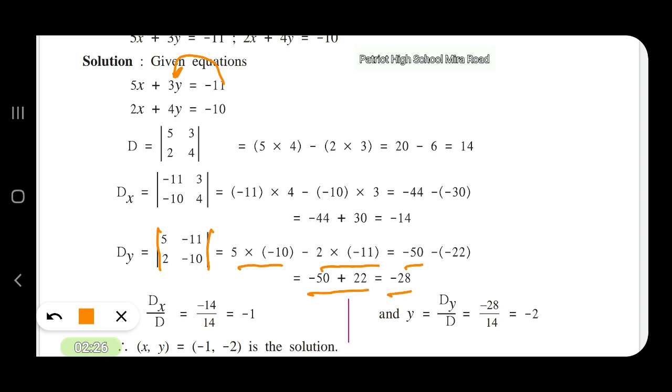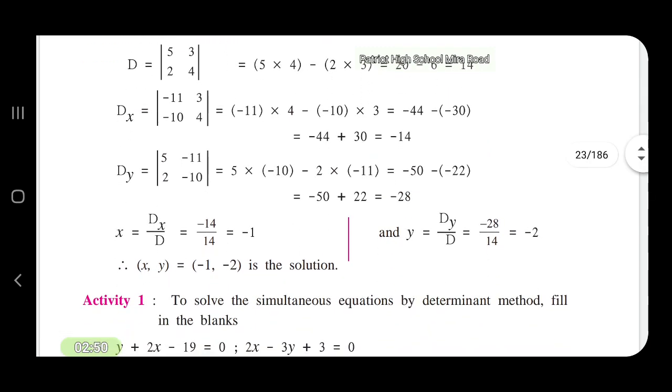So we have the three determinants. D is 14, Dx is minus 14, and Dy is minus 28. The value of x will be Dx upon D, which is minus 14 upon 14.